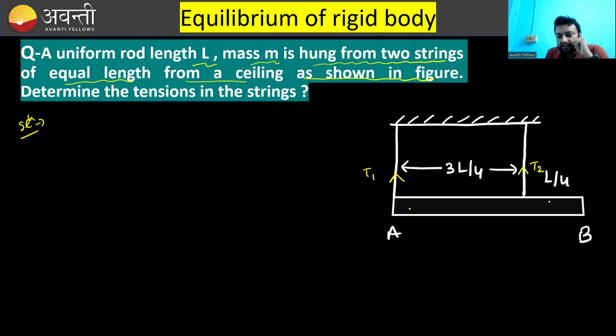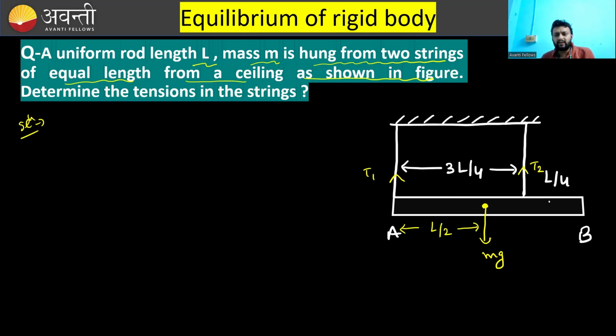The rod has a mass M, so its weight will be mg, and weight mg will act at the center. So this is mg, and this distance will be L by 2. Now this whole setup is hung from the ceiling.